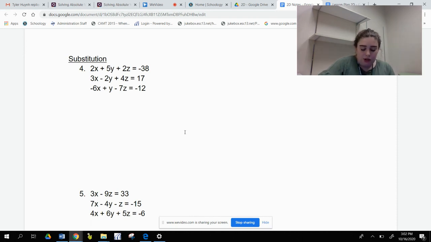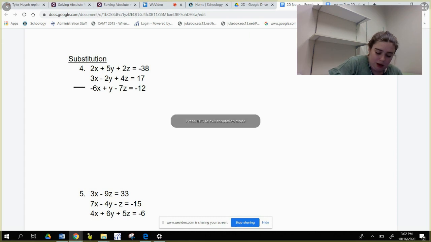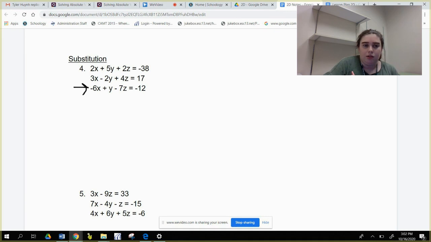So what we're going to do first is pick one of these equations and solve for one of the variables in that equation. Doesn't matter which one. I'm going to pick this third equation because I'm going to solve for y, because y doesn't have a coefficient and it's positive. So all I need to do is move stuff to the other side to get y by itself.